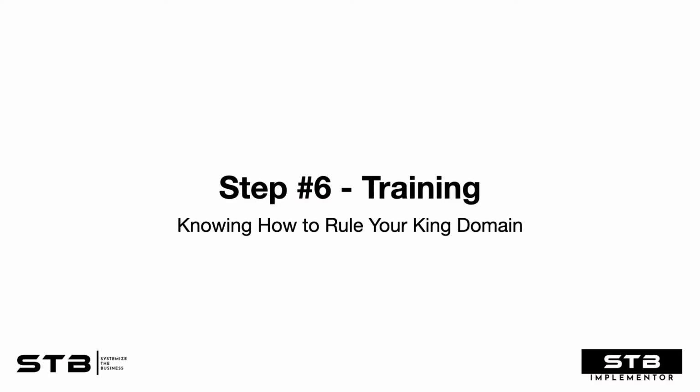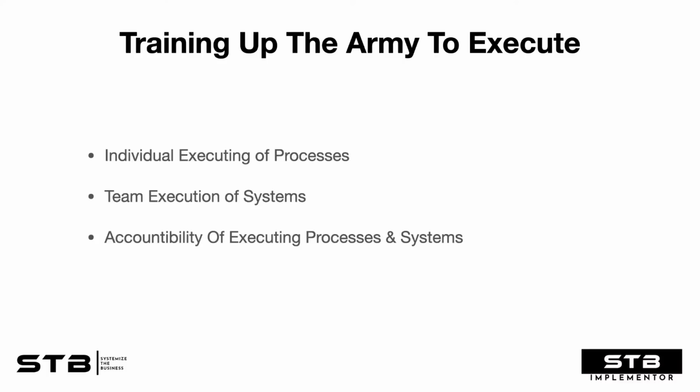In turn, you want 80% of your business to be run through systems and processes, and automate as much as you can. But the 20% is still key because you still need people to execute and also be accountable to run the systems and processes correctly. And so training up the army to execute: individual executing of processes, team execution of systems, and then accountability of executing processes and systems.